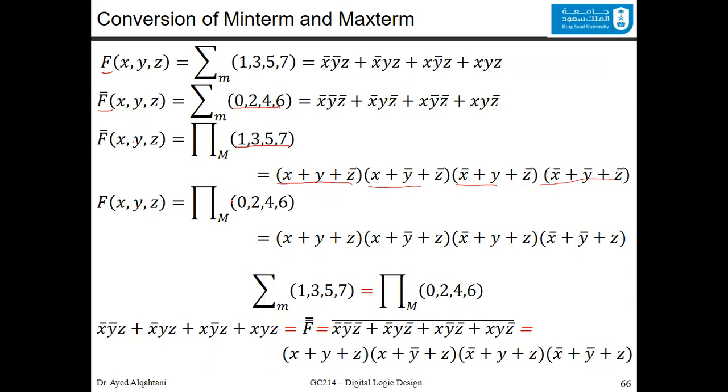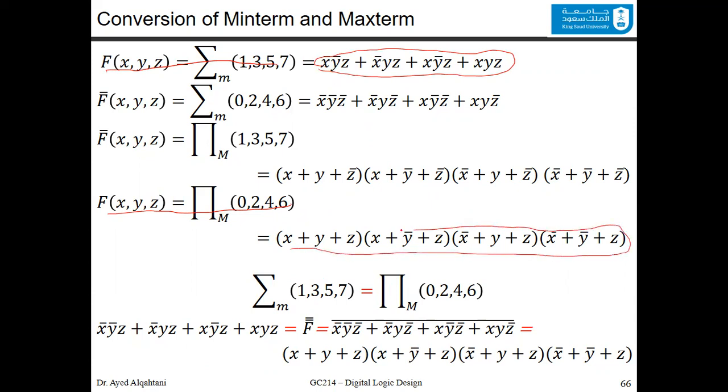After that, you will complement it again to generate the original function, which is the product of max terms with the indexes that are not listed here, and it will generate those max terms for you. And you can clearly see that this one is equal to this one, which is what we said here, which means that this is actually equal to this one.